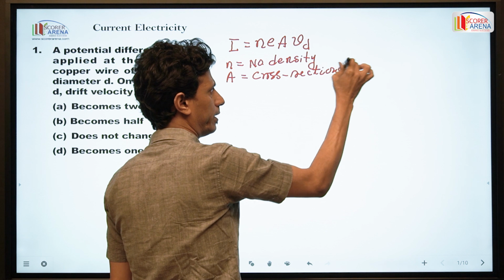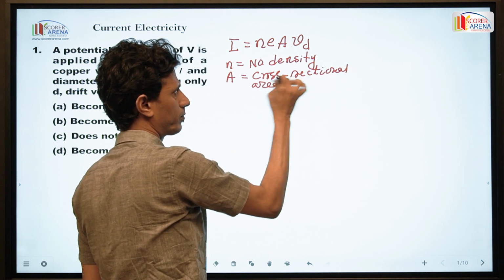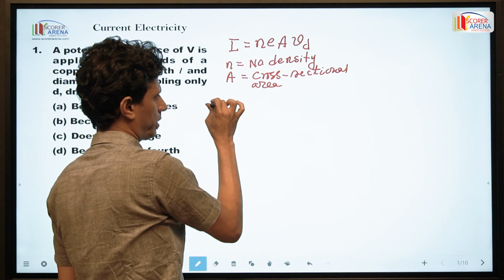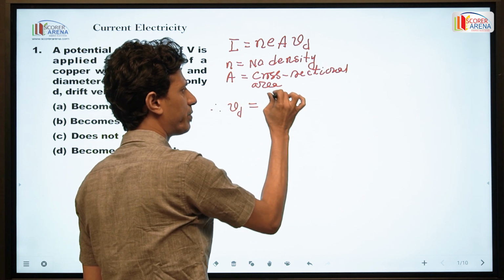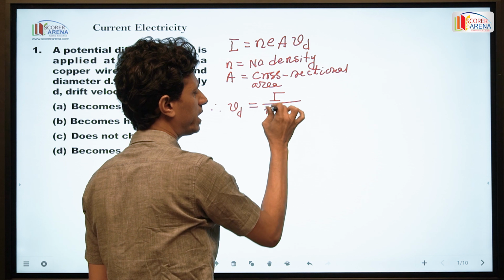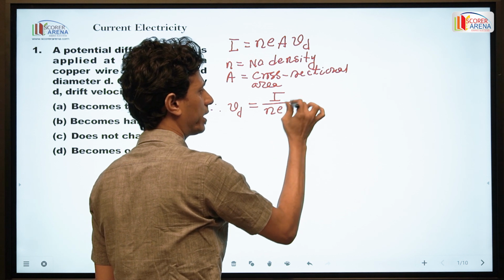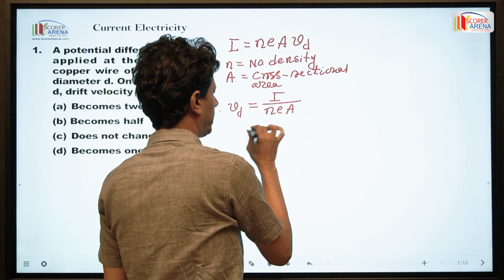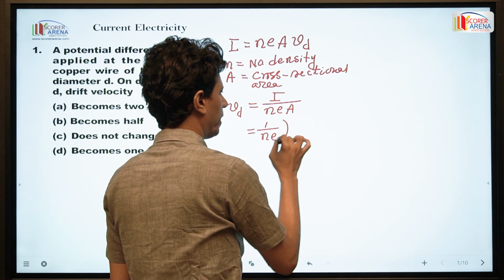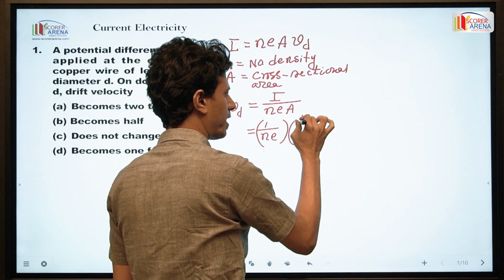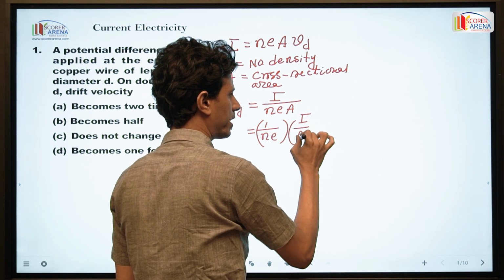So therefore vd equals I by n e A, and it can be written this way: 1 by n e is one part, and the other part is I by A.